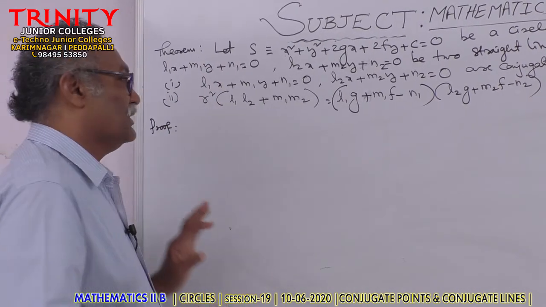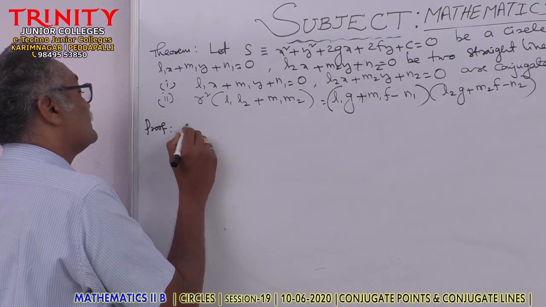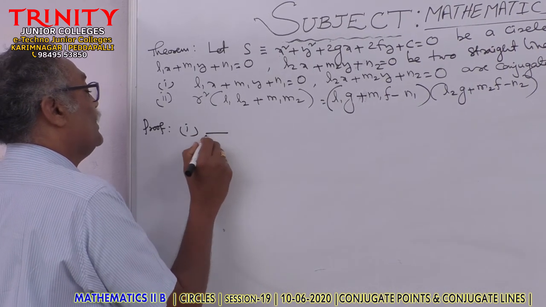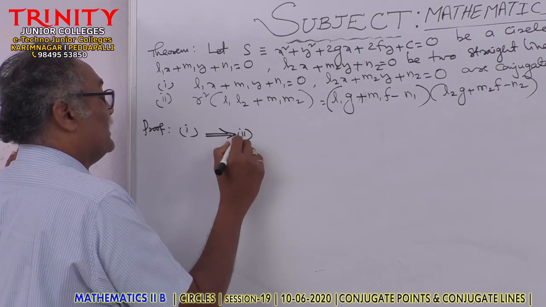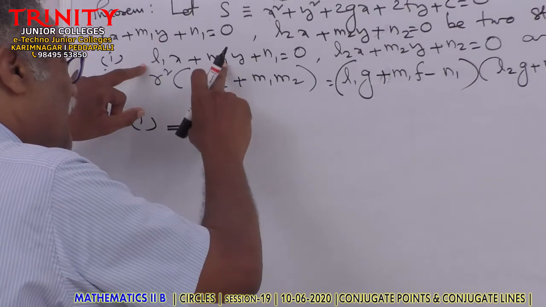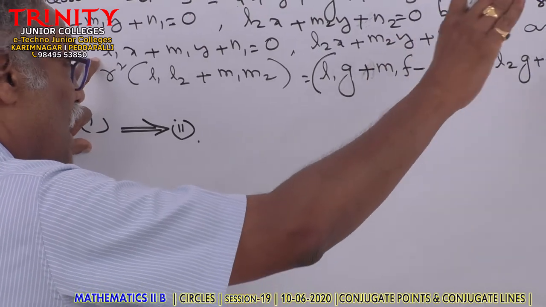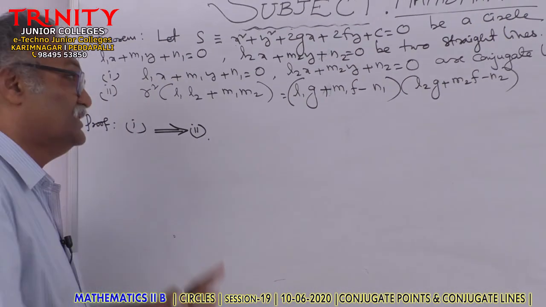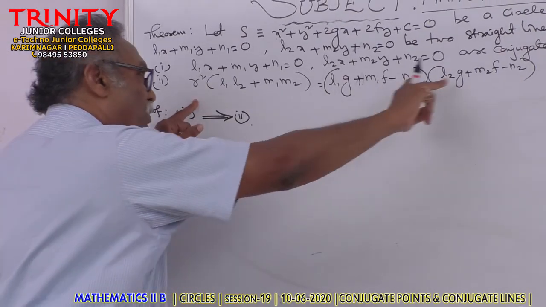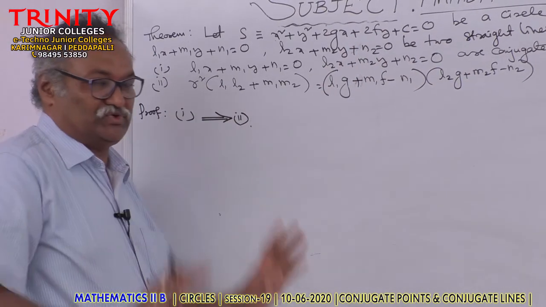That is the case. Here, first, I am proving 1 to 2. It means, if these two lines are conjugate lines with respect to S equal to 0, then we have to prove this part. I am proving that.